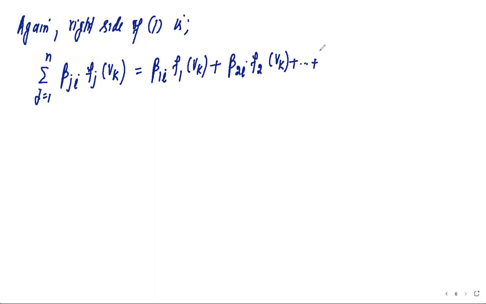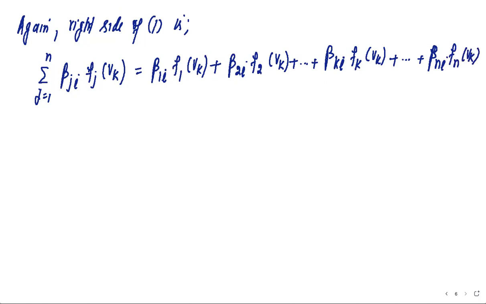Then the kth term is beta ki fk of vk, and similarly the last term is beta ni fn of vk.